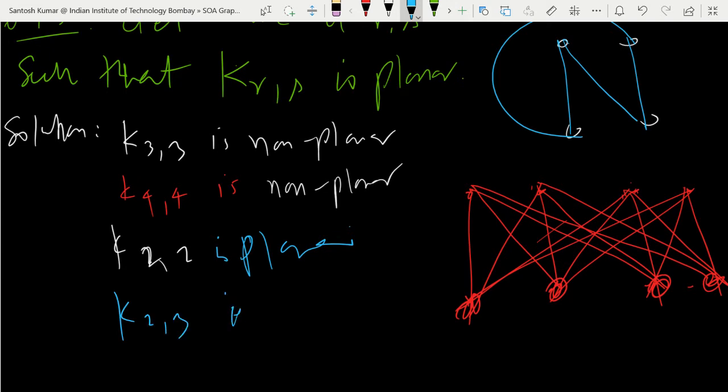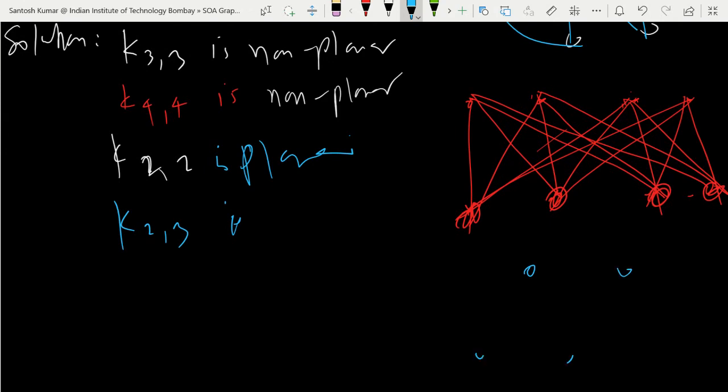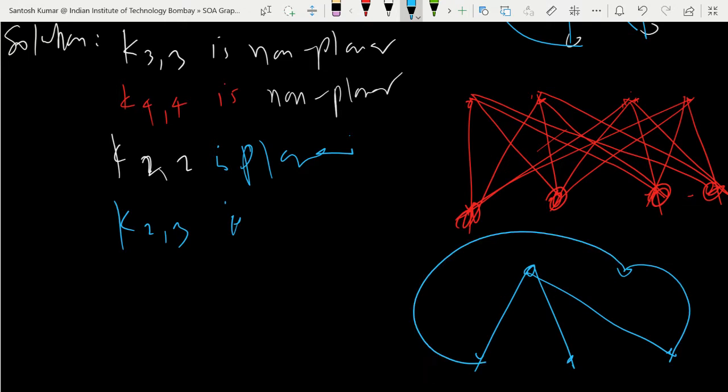Is it planar or non-planar? Planar. Yes, two and one, two, three. You can join them without crossing edges like this.